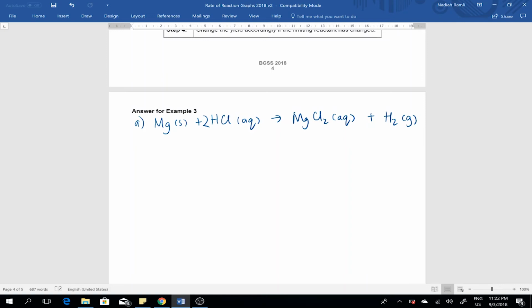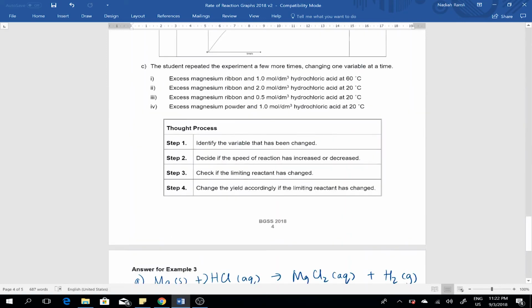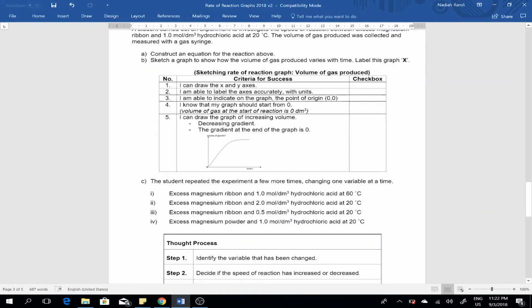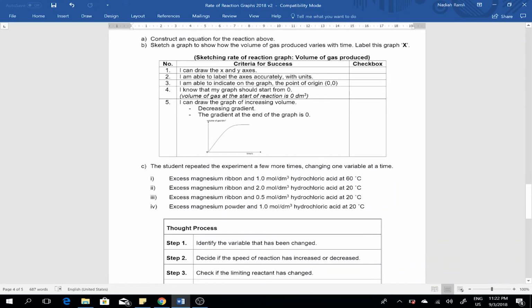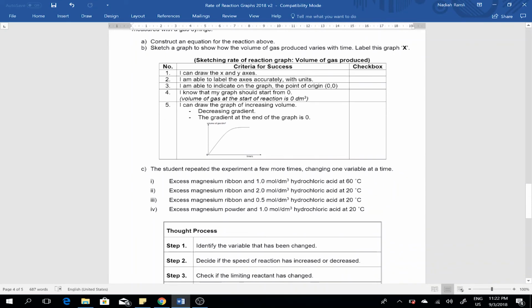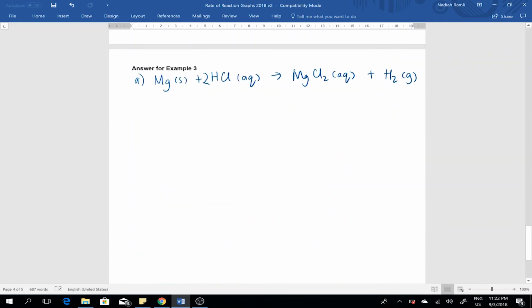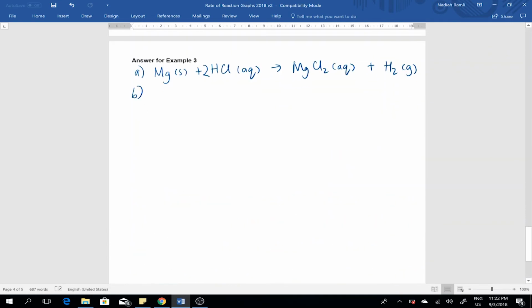So this is part A. B. Sketch a graph to show how the volume of gas produced varies with time. So again, the same thing, but now we're talking about volume of gas. So let's draw the X and Y axis first.